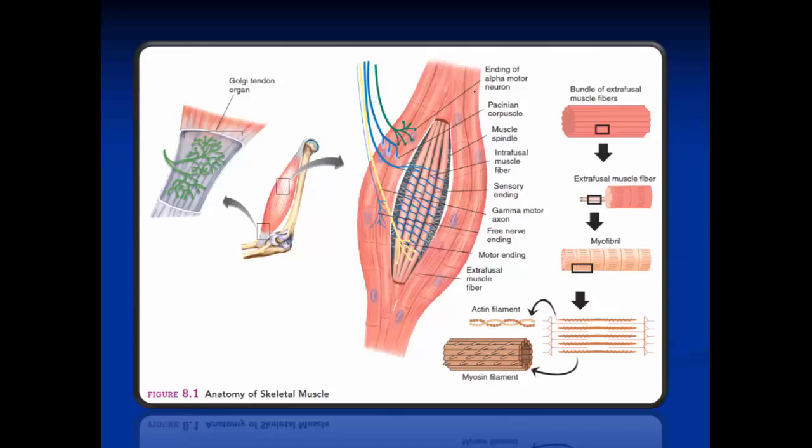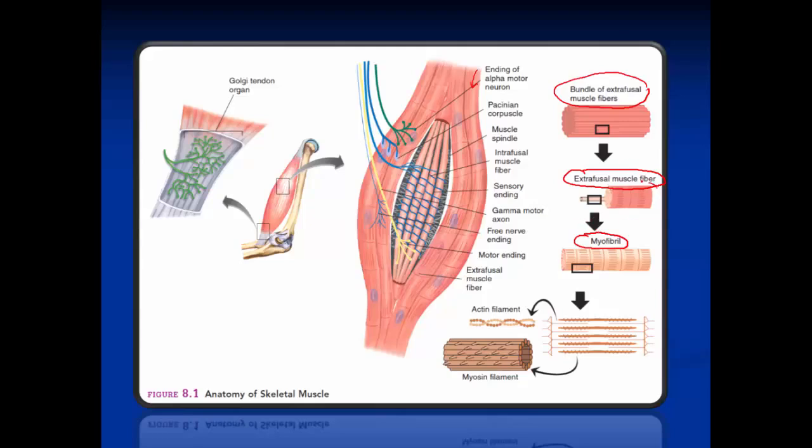Now, when we look at a muscle and we look at these extrafusal fibers, those bundles are actually made up of individual muscle fibers. Those are just like long threads. Each of those muscle fibers is going to be made up of myofibrils.